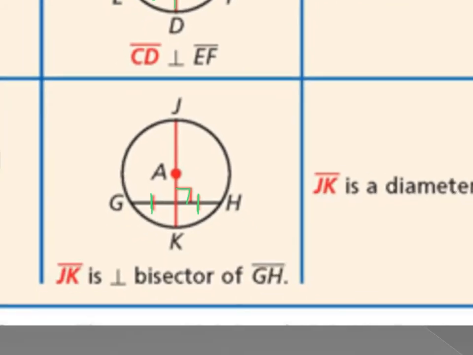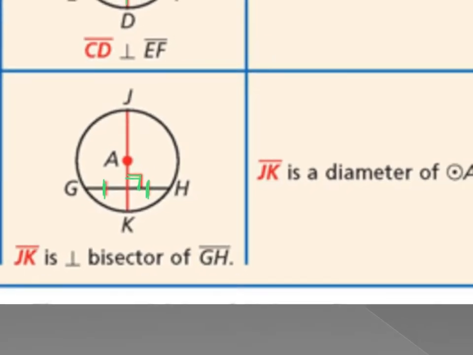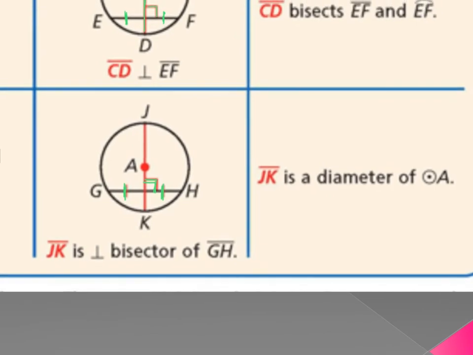So this is just saying JK is the perpendicular bisector of GH. So it's perpendicular and it cuts it in half. That means that JK is the diameter of circle A.